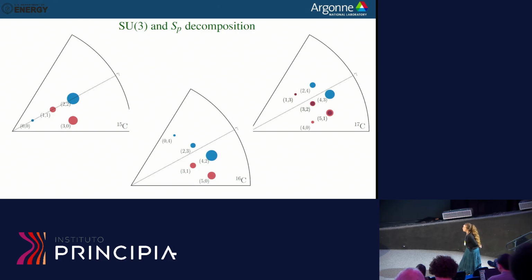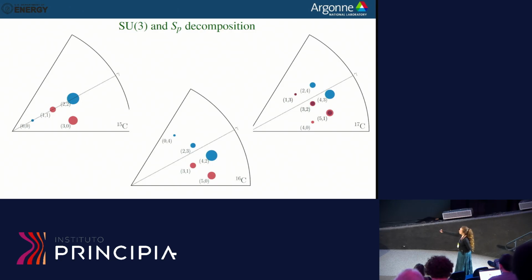I can also play the same game with the carbon isotopes. This is just a subset of them. In carbon-15, you similarly have a very triaxial-ish shape, with very similar quantum numbers to what we saw in beryllium-10. Except here, the red symbols, spin proton equals 1, are an indication that perhaps my 3 alpha cluster picture is breaking down.